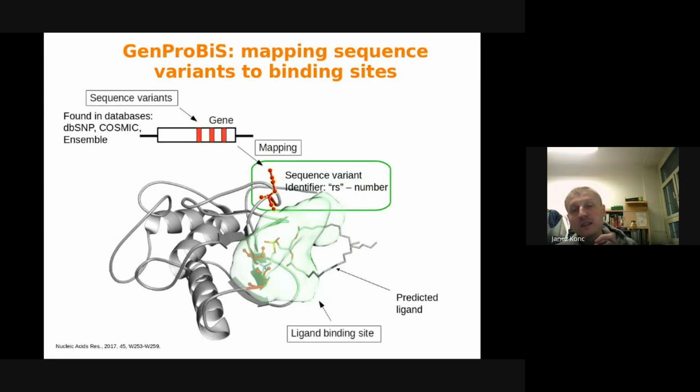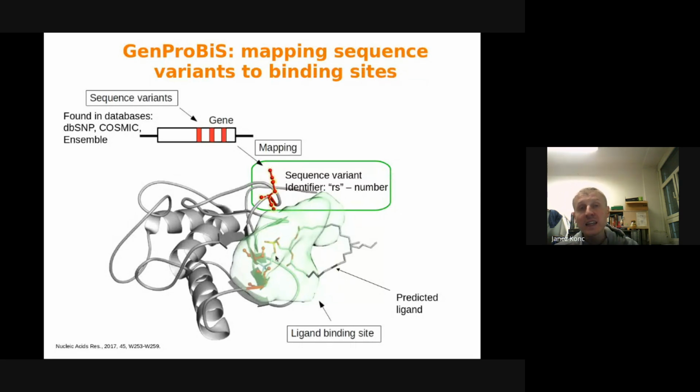When we have a sequence variant on the structure of a protein, we can say, okay, this sequence variant looks dangerous because it's close to a known ligand binding site. And this ligand binding site binds, for example, an endogenous substrate of this protein. That's a problem: this sequence variant is likely to affect ligand binding.